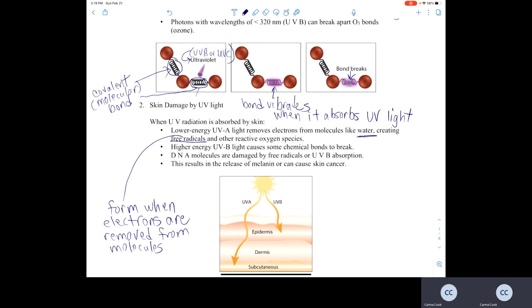And so those free radicals and other reactive oxygen species get formed when electrons get removed from molecules like water.